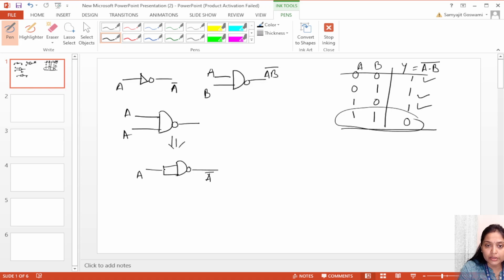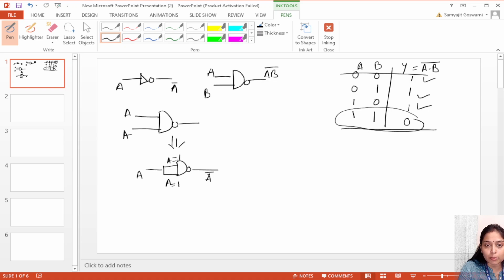How? Here A is represented as 1, because 0 is represented as A bar and 1 is represented as A. So here in both the inputs it is A, that means 1 and 1.